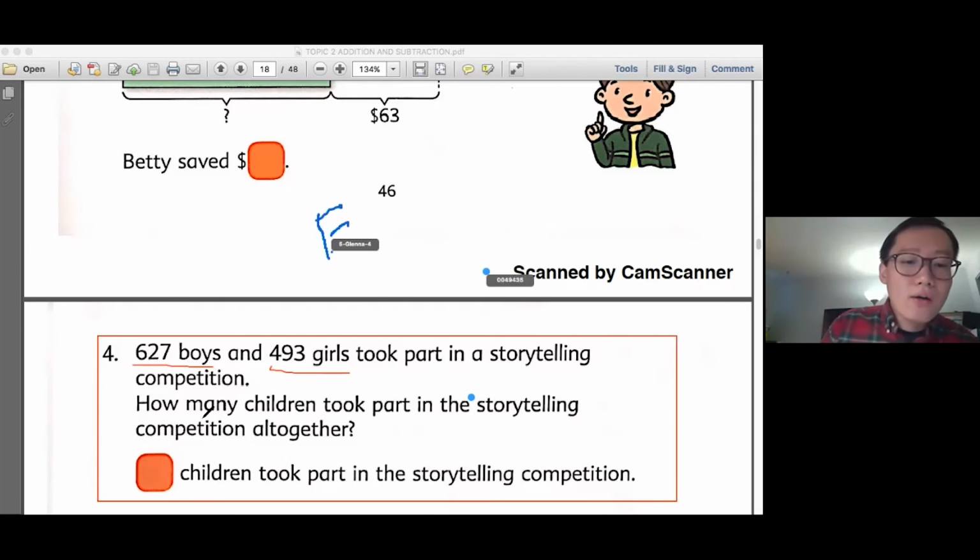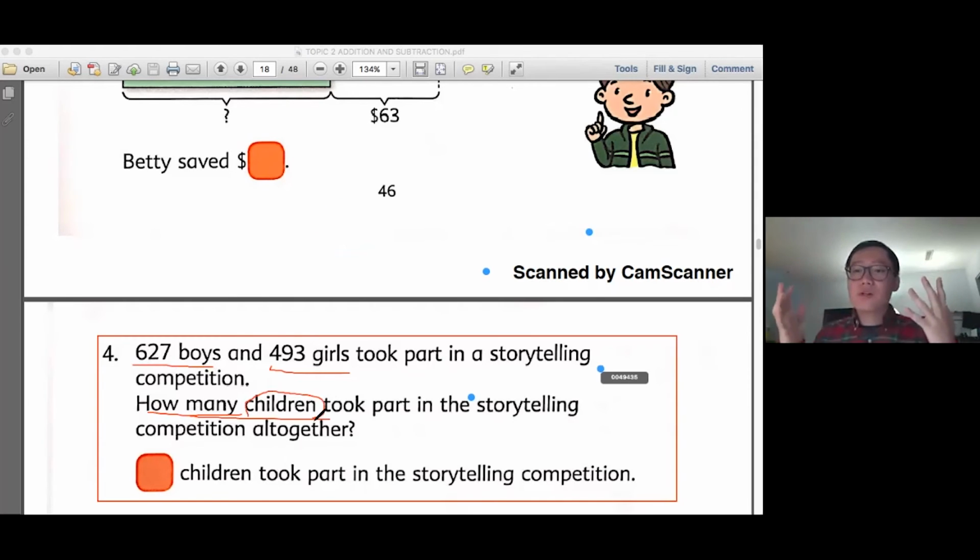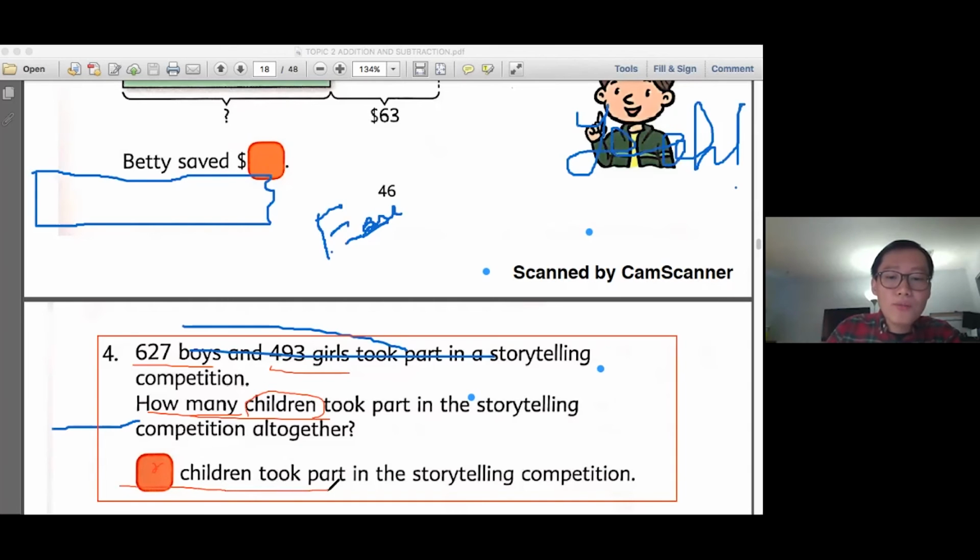Now the question is asking how many children. Children is an important word. Children means we have both boys and girls together, right? So whenever you read children, you know right away it's talking about both boys and girls. So we need to fill out this blank.